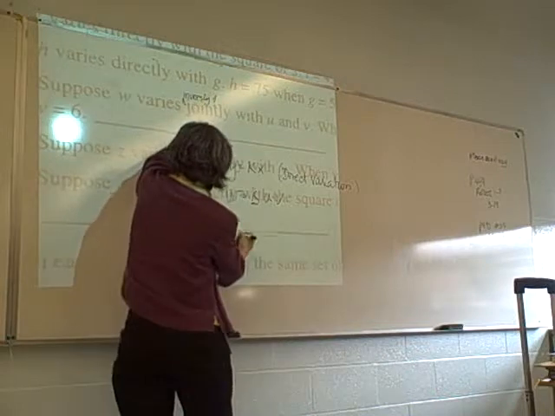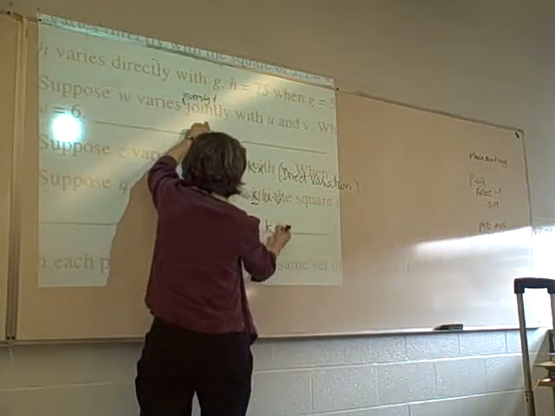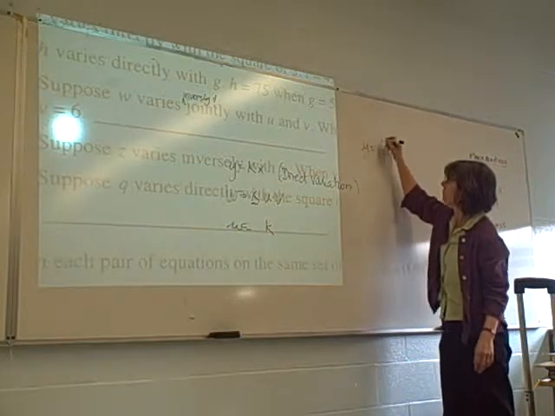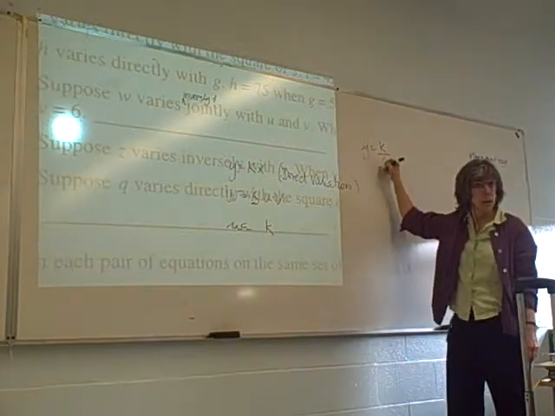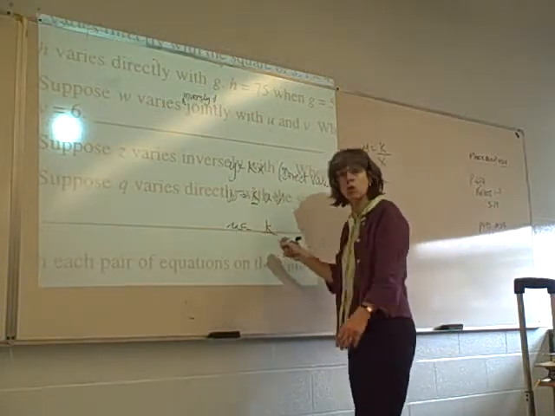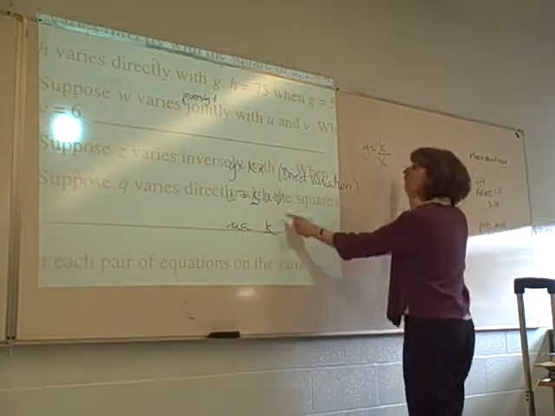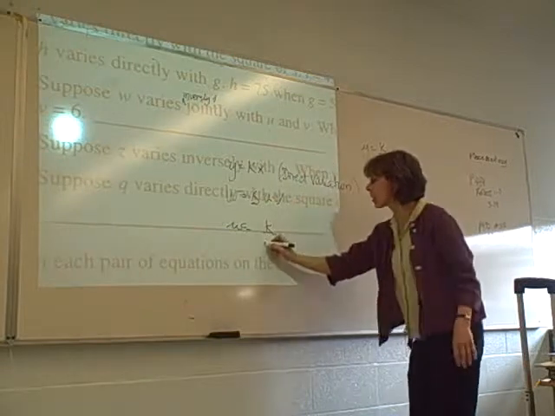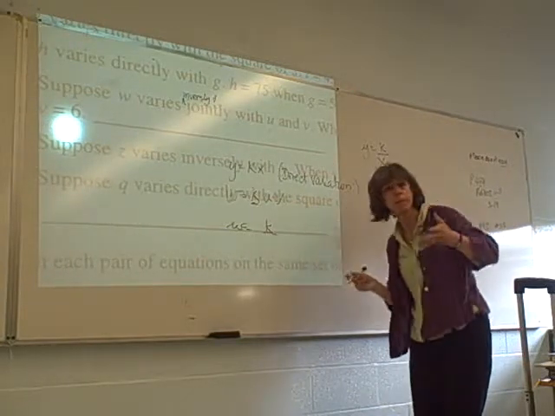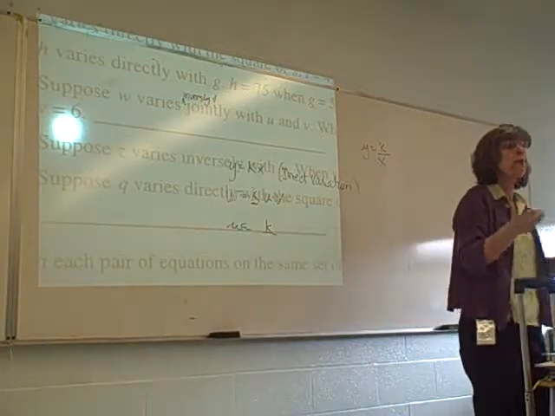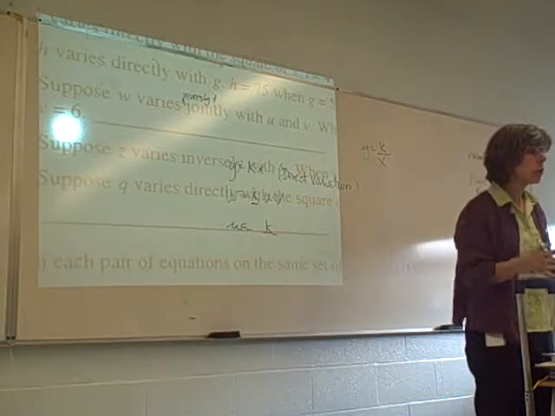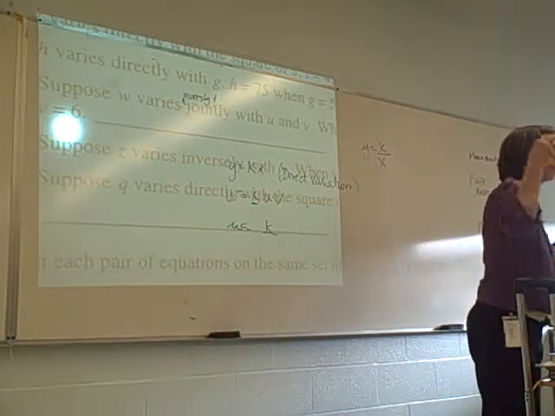So then I would have W is equal, and I know when it is an inverse variation, what is it? K over, so if it is inversely and jointly, then both of these values are in the denominator. Does that make sense to you? Okay, so it's either inverse or direct variation, and sometimes it's just more than one variable.